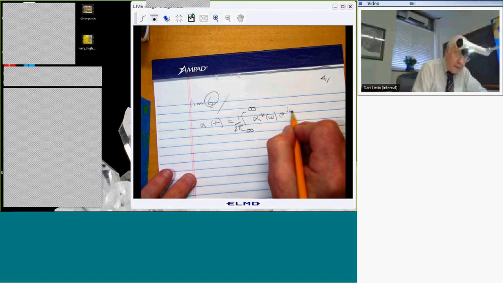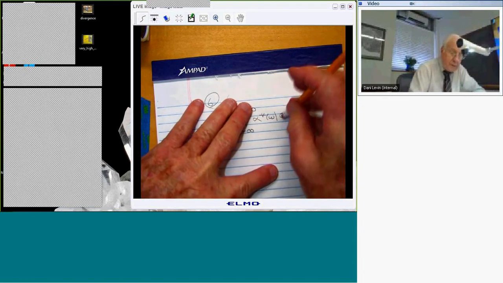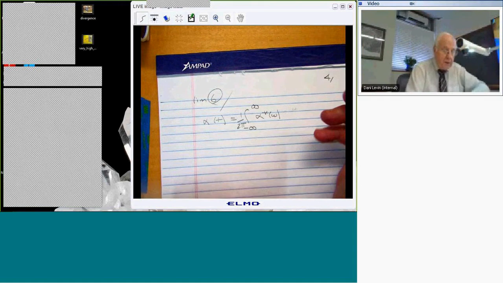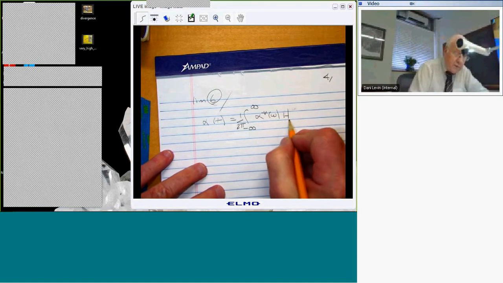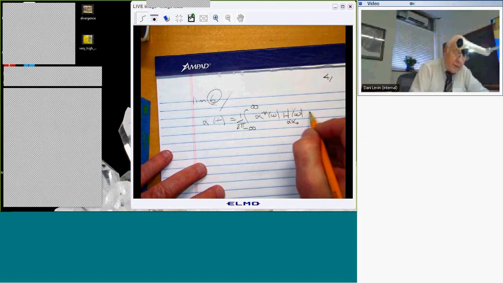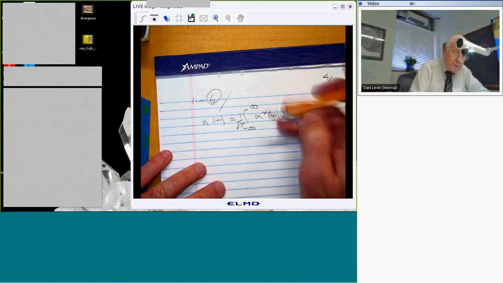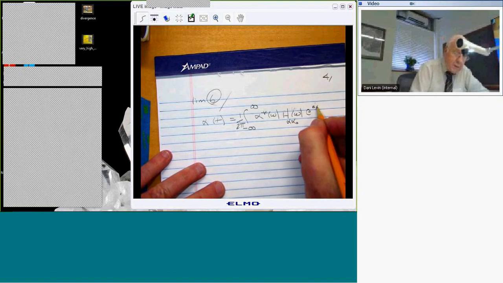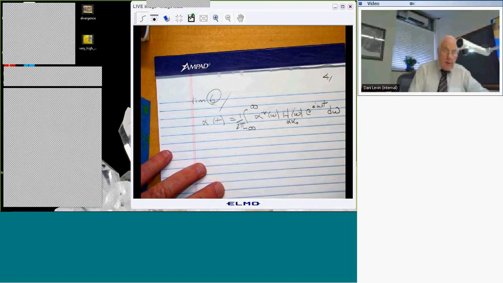Oops, I had to put the transfer function in. That's important. Transfer function from alpha naught to alpha of frequency, e to the i omega t d omega. Right? This is an integral over frequency.